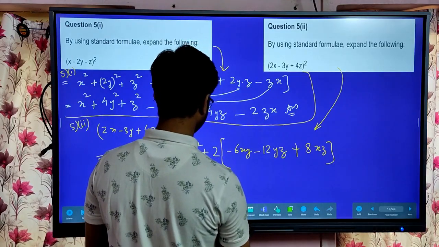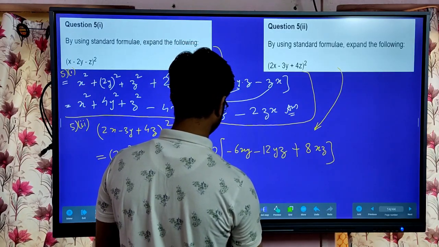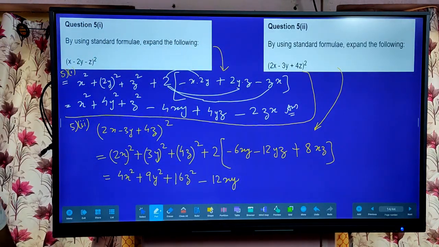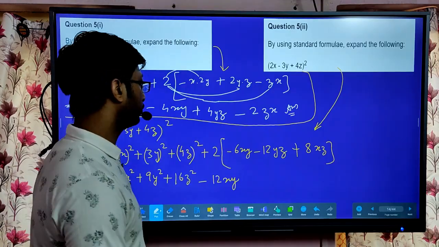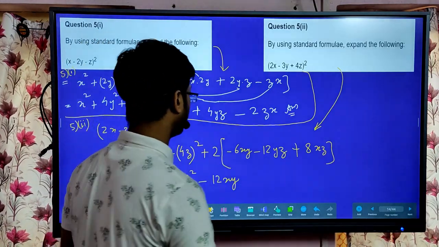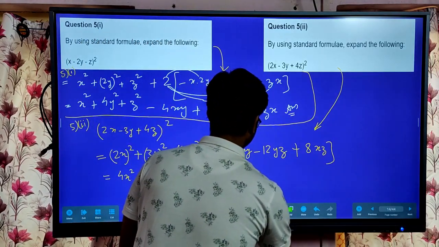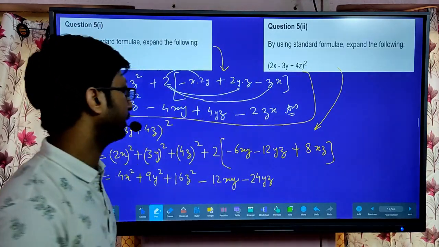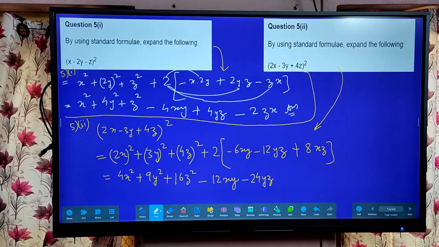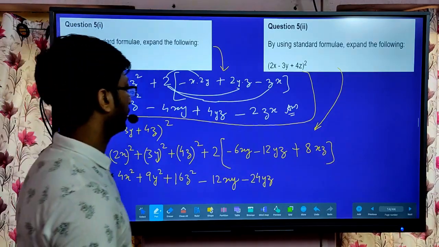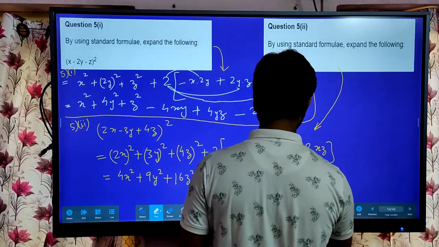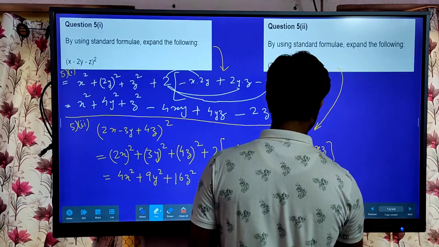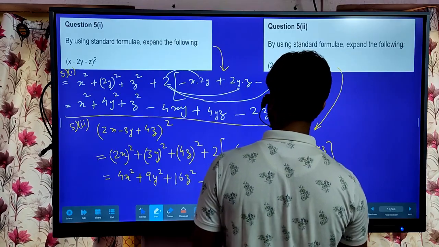Then 2 into minus 12, minus 24yz. So it will be 2 into 8, 16, so plus 16xz.